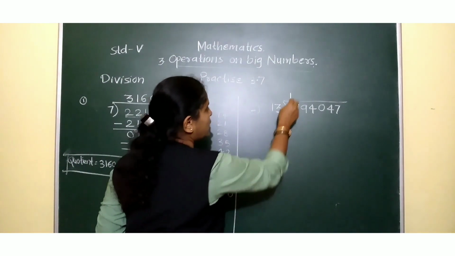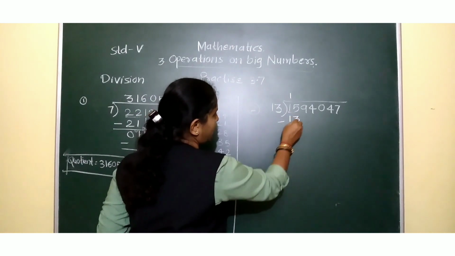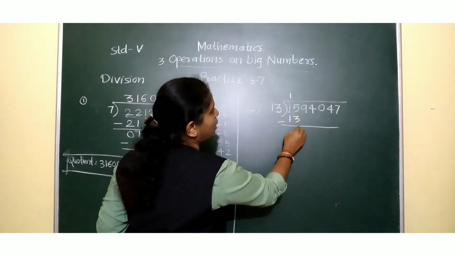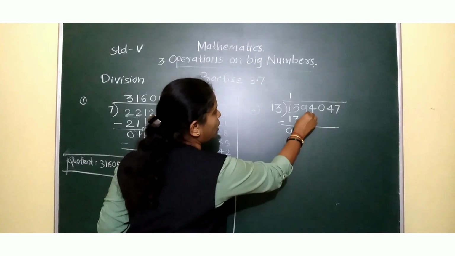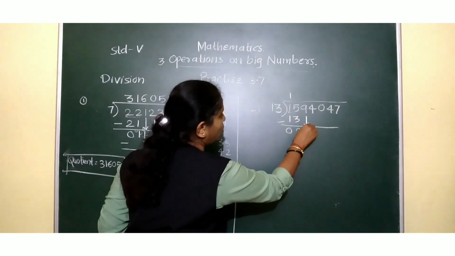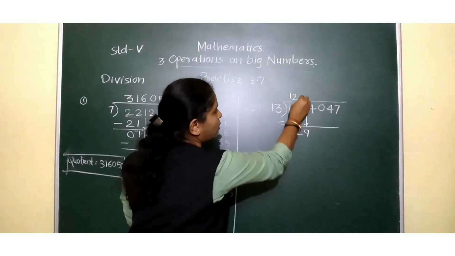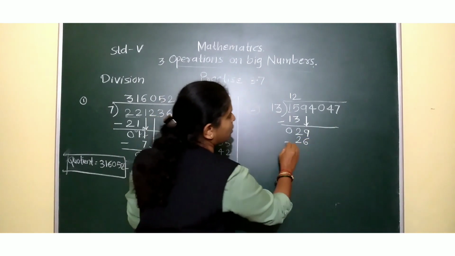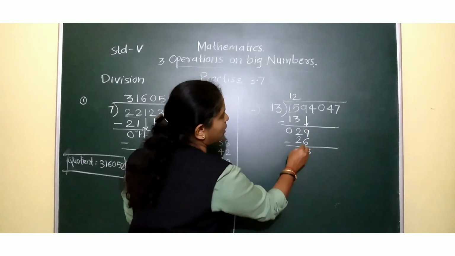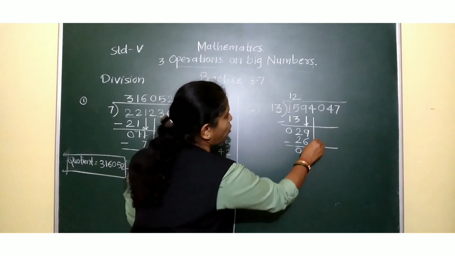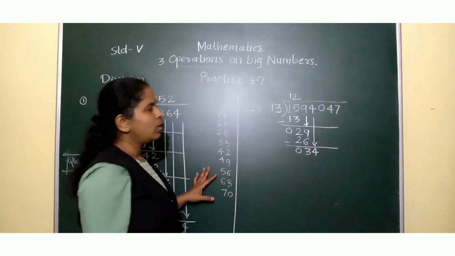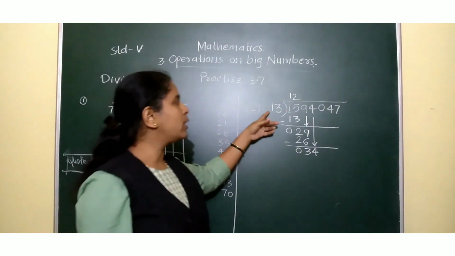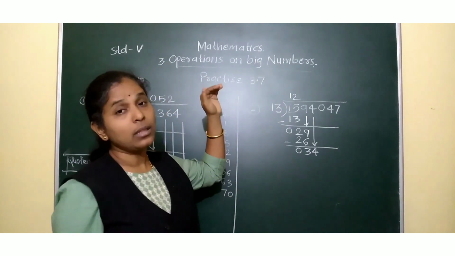So 13 1s are 13. 5 minus 3, 2. 1 minus 1, 0. Take this 9 down. 13 2s are 26. 9 minus 6, 3. 0. Take this 4 down. Now again, see, 13 2s are 26, 13 3s are 39.